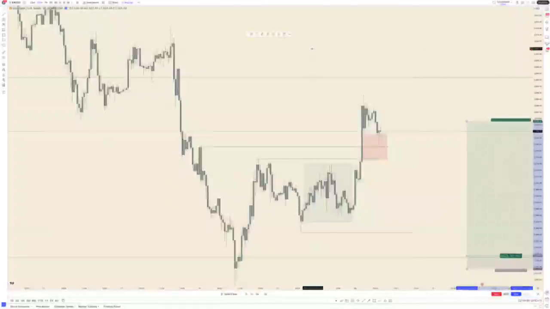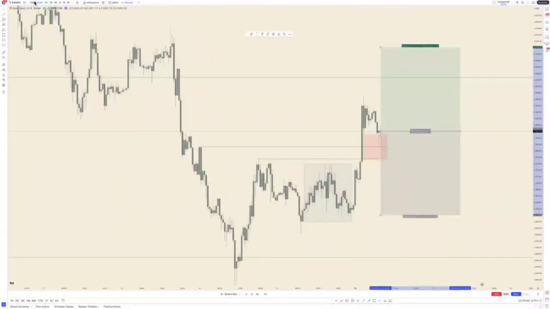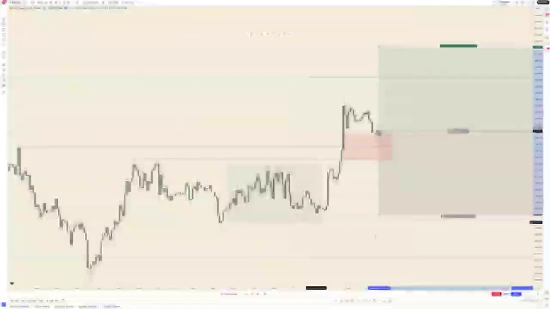So if we were to look for an entry now, we could find somewhere here. Let's check 15 minutes.